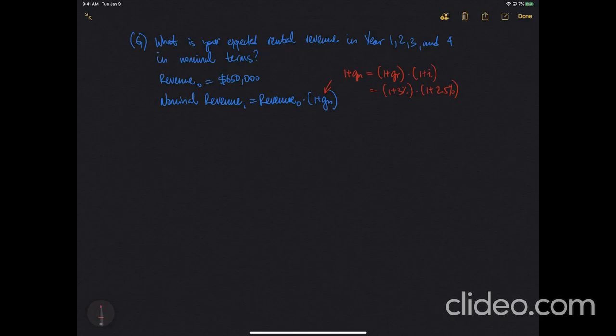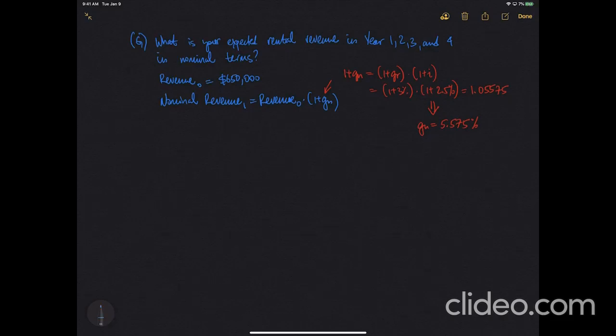So this gives me 1.05575. And from this, I get the nominal growth rate of 5.575%. And now, this is the nominal growth rate that we can use to find nominal revenue in years 1, 2, 3, and 4.